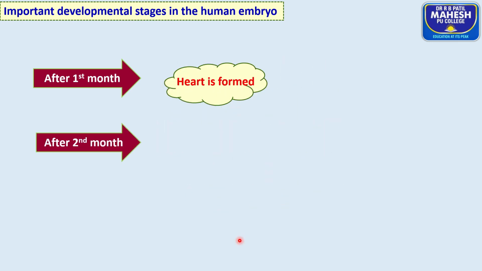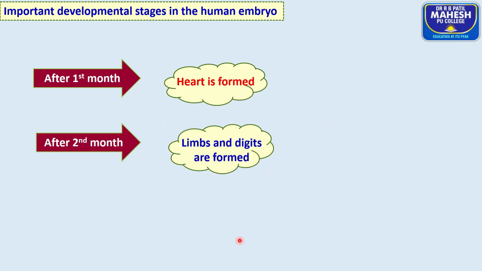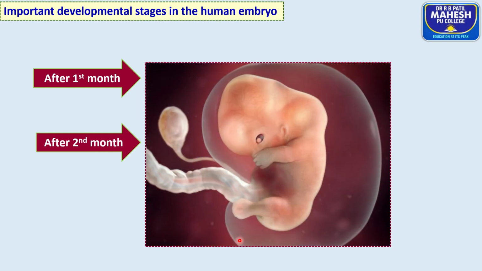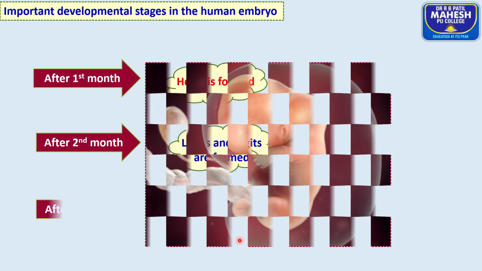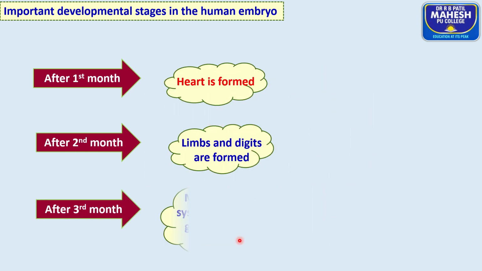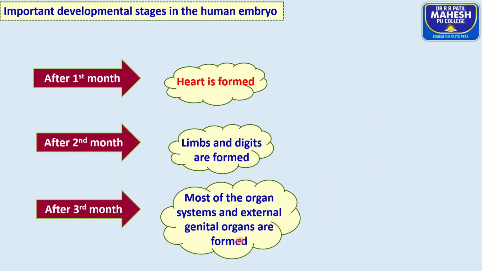By the end of the second month of pregnancy, limbs and digits are formed. And by the end of the third month of pregnancy, most of the organ systems and external genital organs are formed. Along with this, by the end of the third month, an organic connection develops between mother and fetus, and that organic connection we call the placenta.